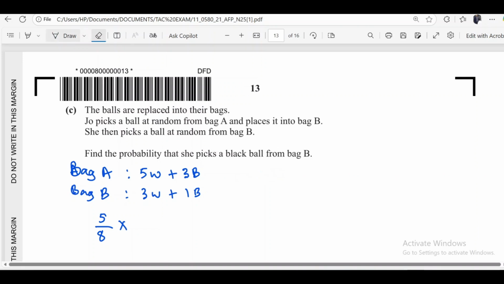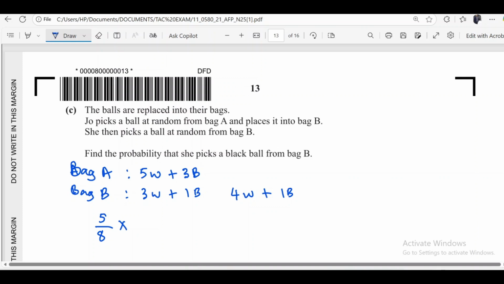It picks from A. Now if it is white, A is going to have 4 white and still one black. So if it's white from bag A, the probability is 5/8.